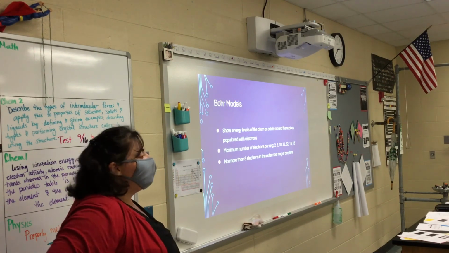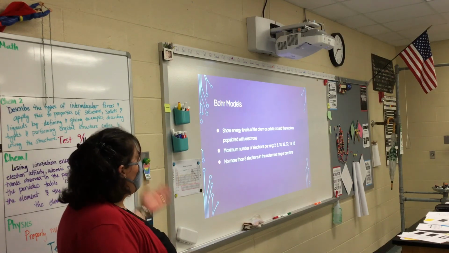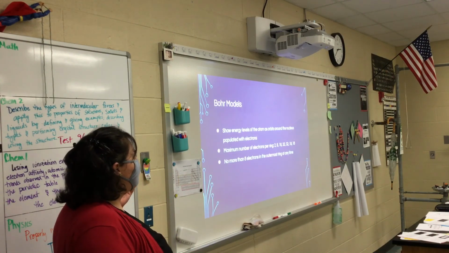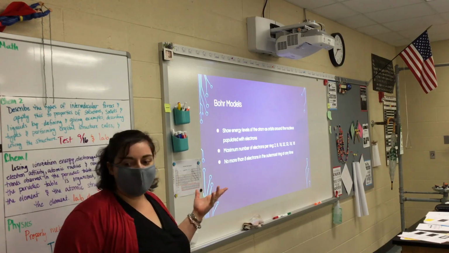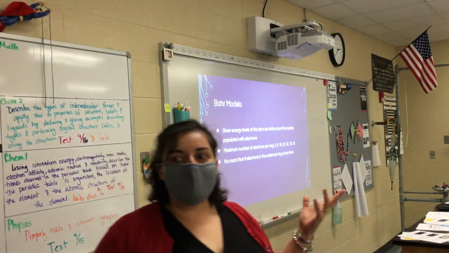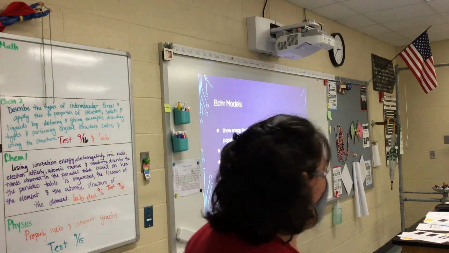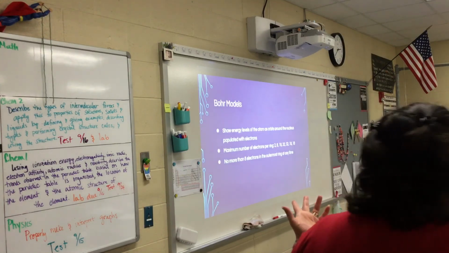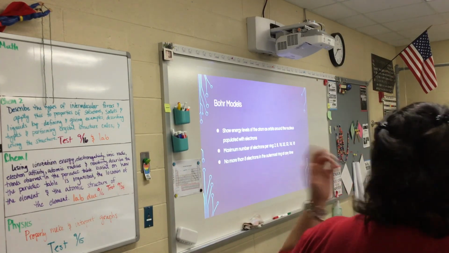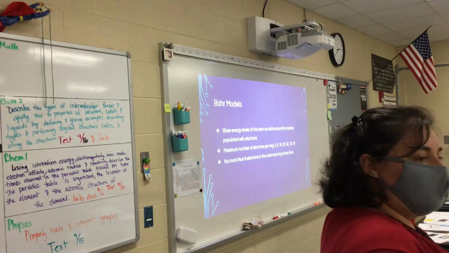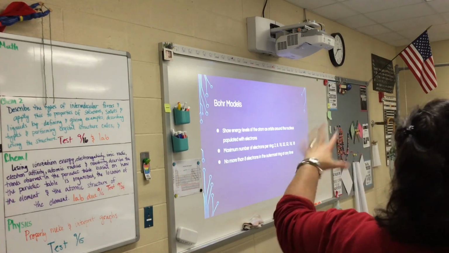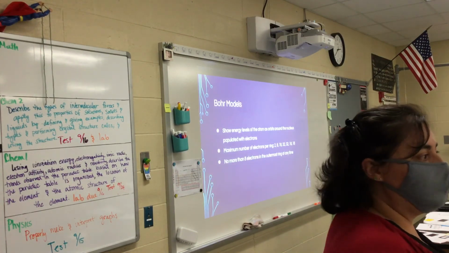So, just a summary. Bohr's model shows energy levels of the atoms as orbits around the nucleus, and those energy levels are populated with electrons. They're there to hold electrons.